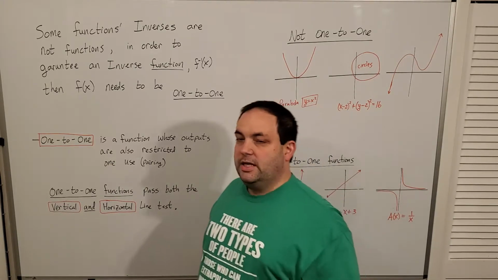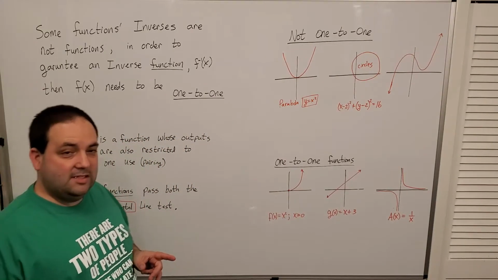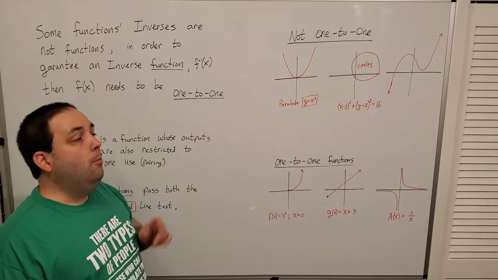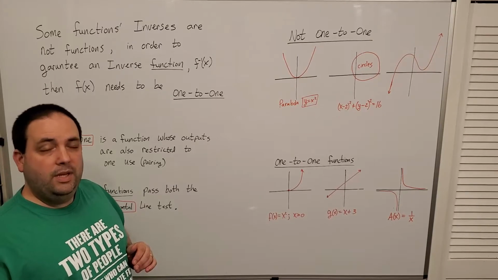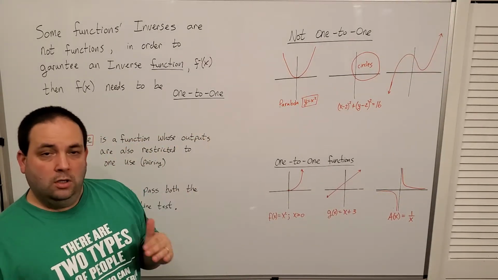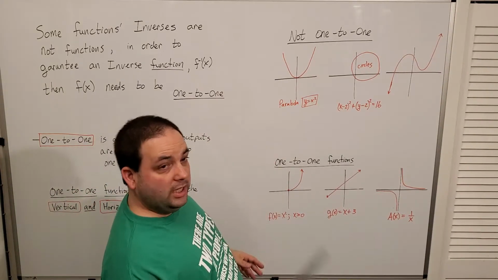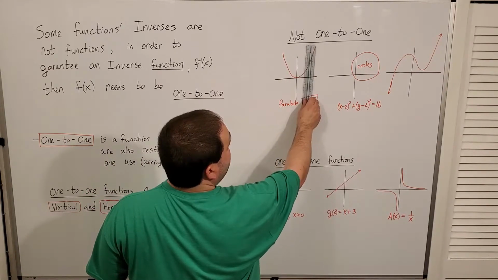Okay? Something that's one-to-one will pass not only the vertical line test, because it is a function, but it will also pass the horizontal line test, because the one-to-one makes sure each y value is only used one time. Something like a parabola is a function because it passes the vertical line test, right?